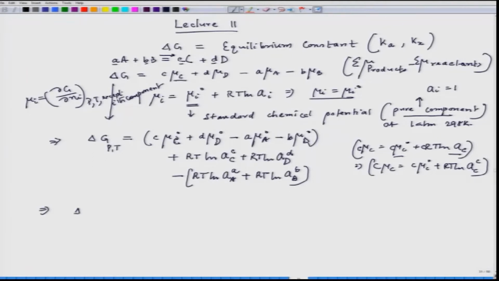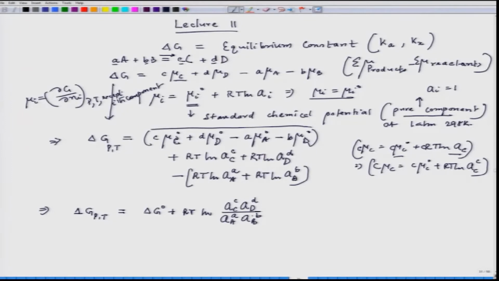Next step, I can write this entire term as delta G 0 plus RT ln of (a_C^c a_D^d) over (a_A^a a_B^b).